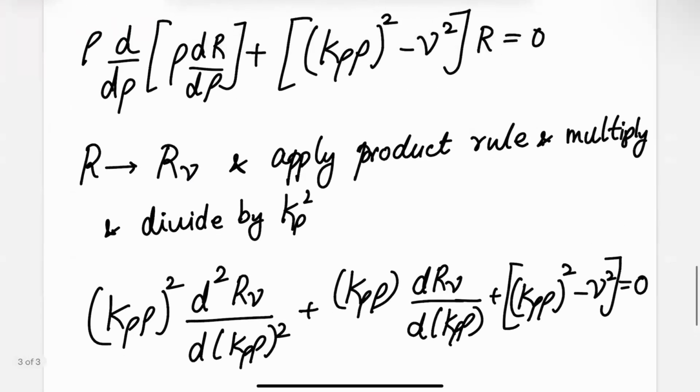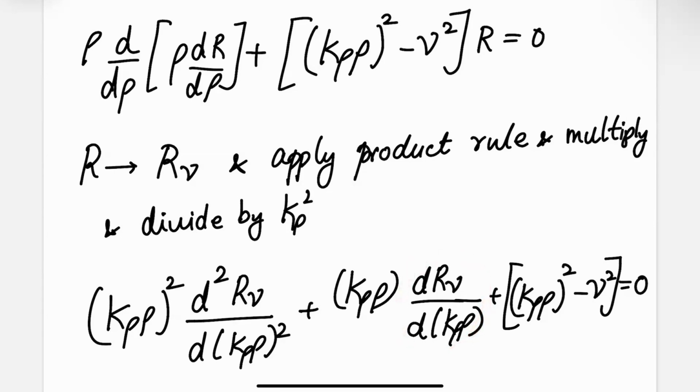And this is fairly easy to see. So when you take the product rule, you get rho square times d square r over d rho square, and that's what this is. And I'm multiplying and dividing by k rho square. So you get 1 k rho square here, 1 k rho square there. And the other term is dr over d rho times d rho over d rho, which is 1. So you end up with just dr over d rho.